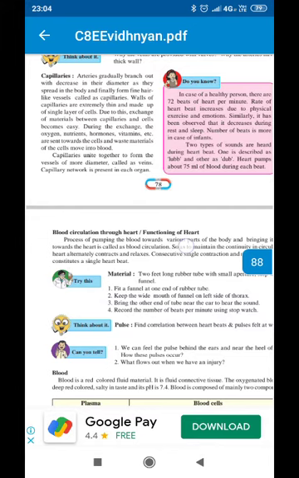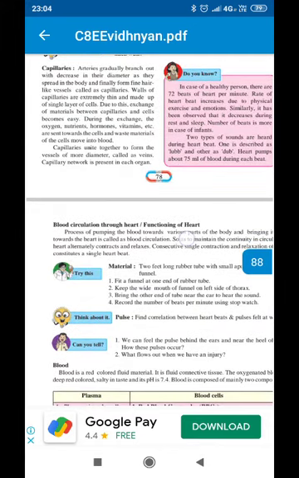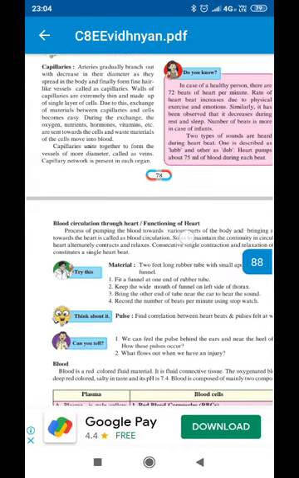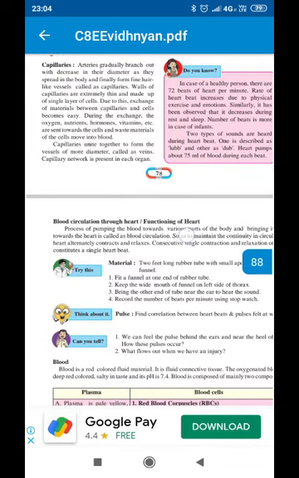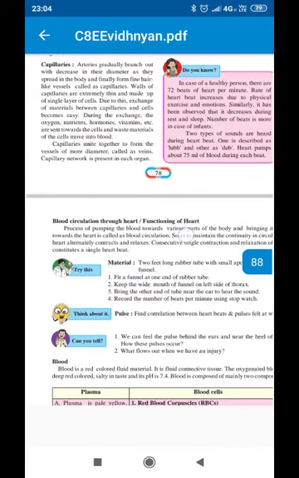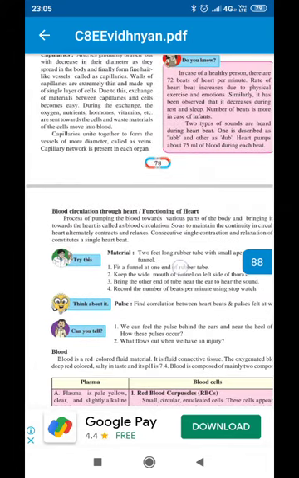The blood takes out the waste materials, and they are excreted through the kidney in the form of urine, and the undigested materials in the form of excreta. Capillaries unite together to form vessels of larger diameter called veins. A capillary network is present in each organ.